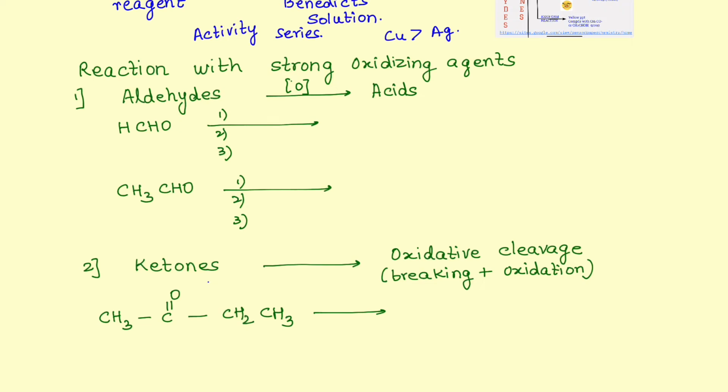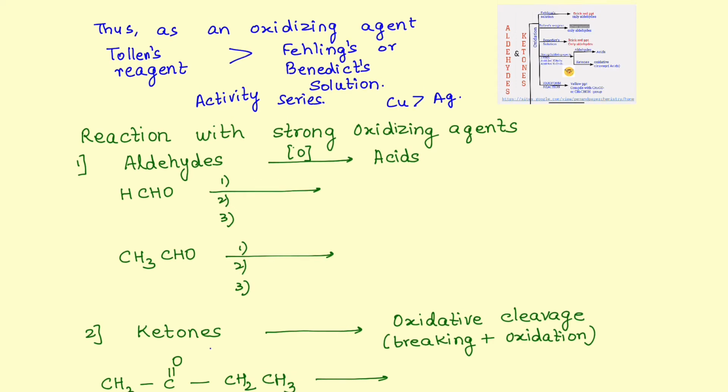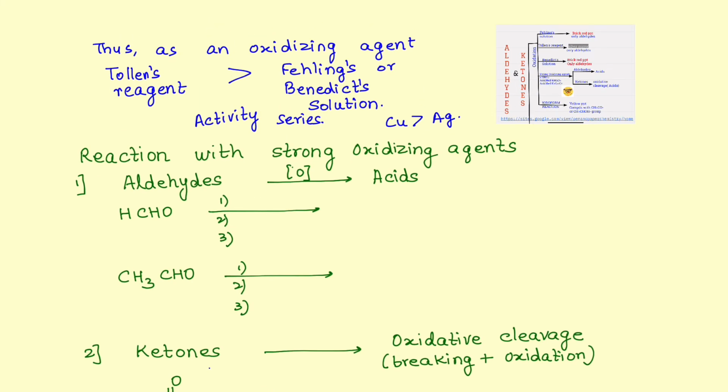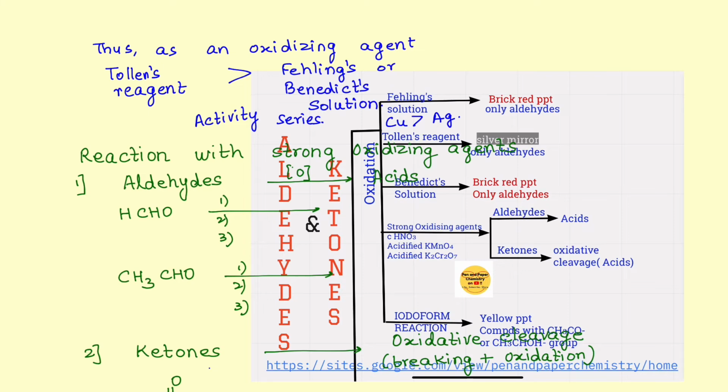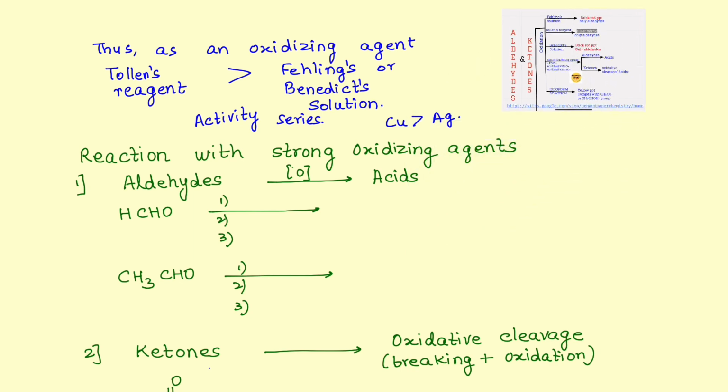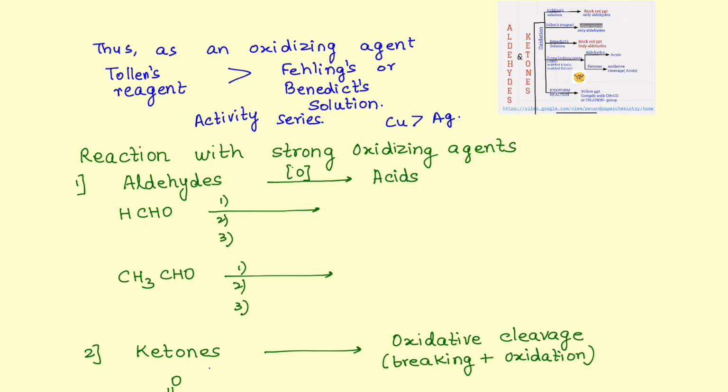Coming to reaction with strong oxidizing agents, we've already listed the strong oxidizing agents. Do I need to repeat? Okay, so we have acidified potassium permanganate, acidified potassium dichromate, and concentrated HNO3. Here, as I mentioned earlier, aldehydes undergo oxidation to give you carboxylic acids. Now, you have to complete these equations for me.